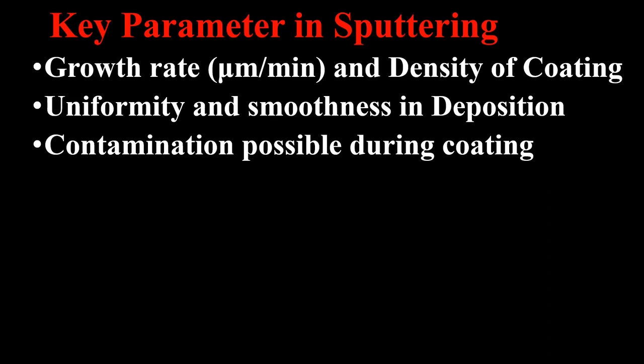Okay, you know that in sputtering, highly ionized argon gas or inert gas is incident on the precursor material or the source material, so that can also damage the electrode on which the source material is placed.